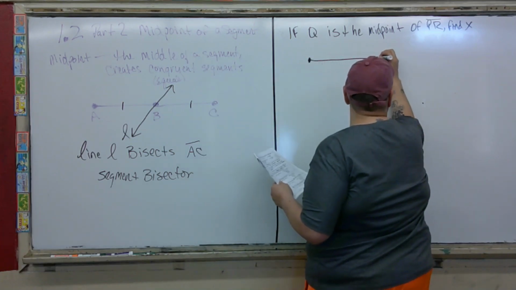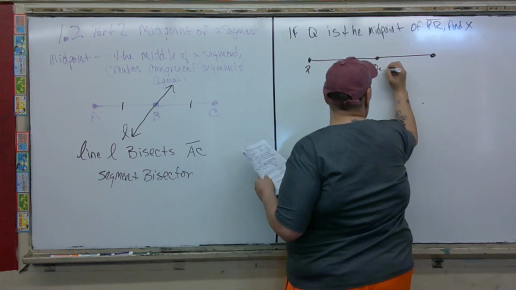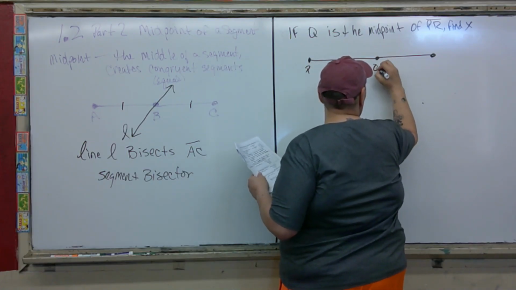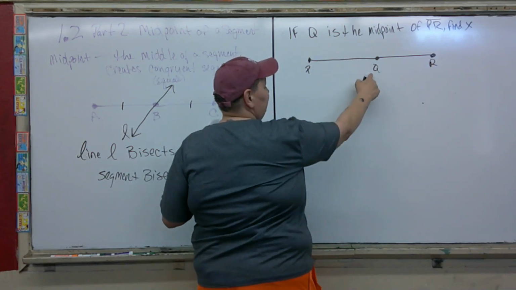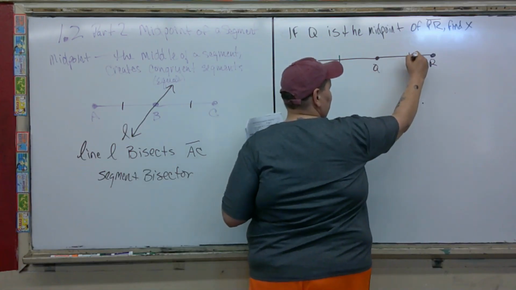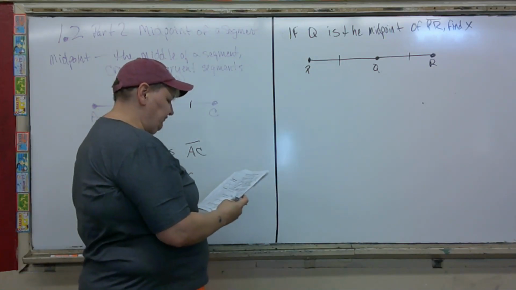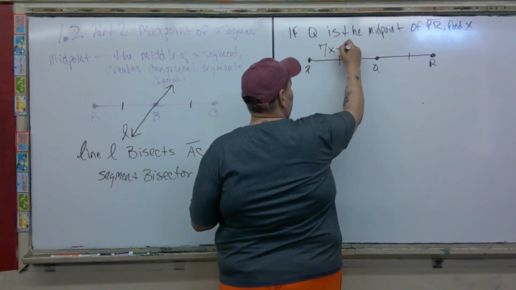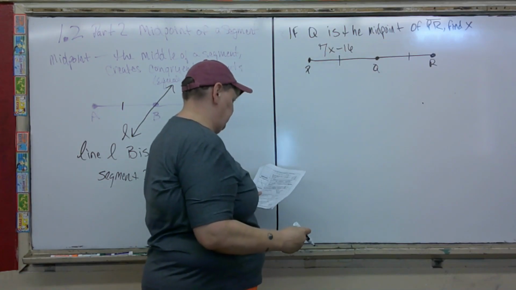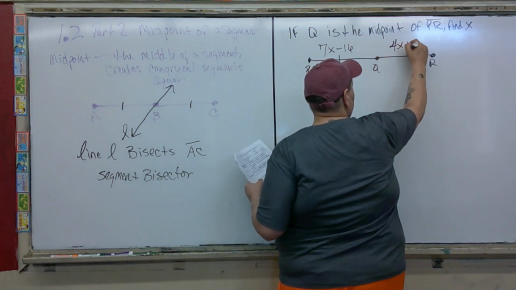P, Q, R. It says this is PQR. And it tells you that this is the midpoint. That means that the left and the right are equal. Right? Then it says P to Q is 7x minus 16. And Q to R is 4x plus 2.